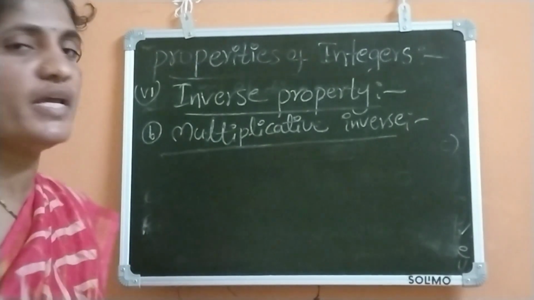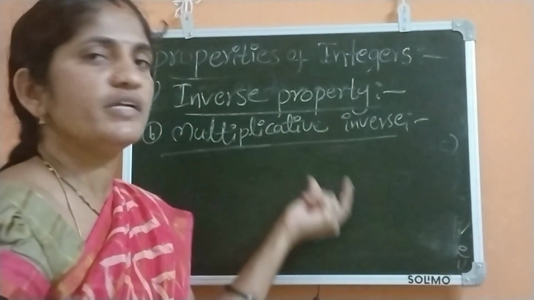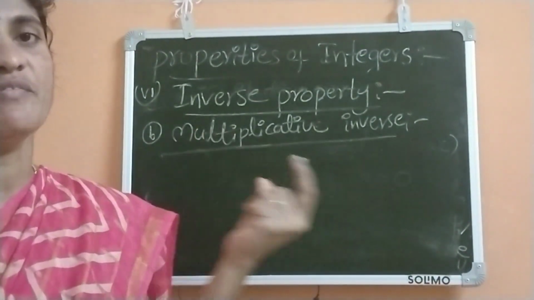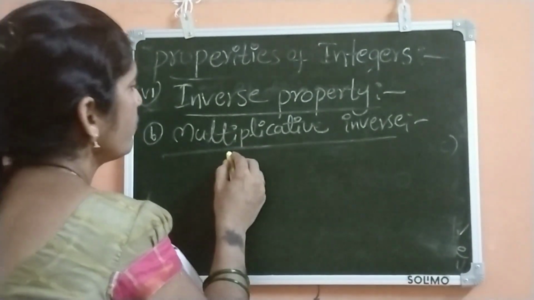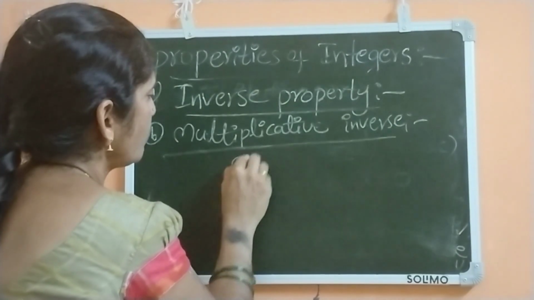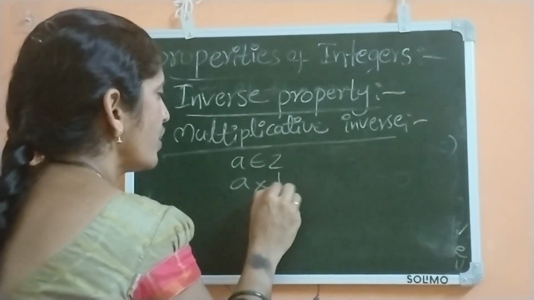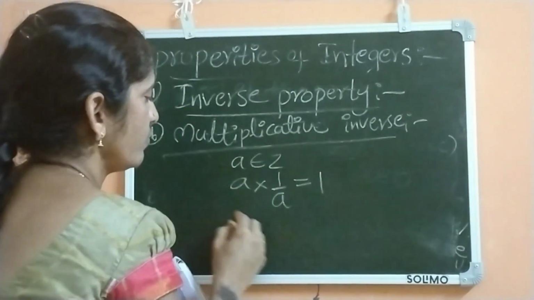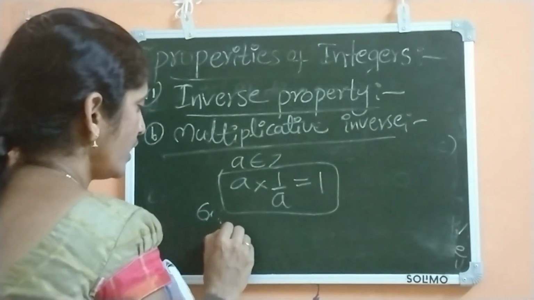We are going to discuss whether multiplicative inverse in the integer system is possible or not. So by taking one integer a, that is a belongs to Z, a into 1 by a equal to, a cancel, we are getting 1. So that is by taking an example.